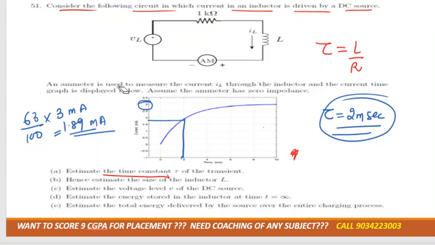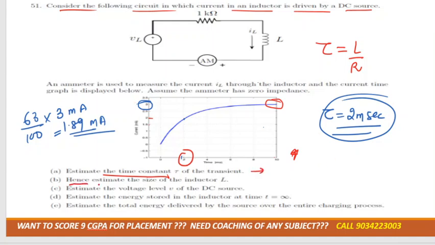Whenever they give you the graph, you have to see the 63% of the final value. At that point we are getting 1.8 something, approximately 2. So at 2, how much is the time? 2 millisecond only. So time constant for RL is 2 millisecond.